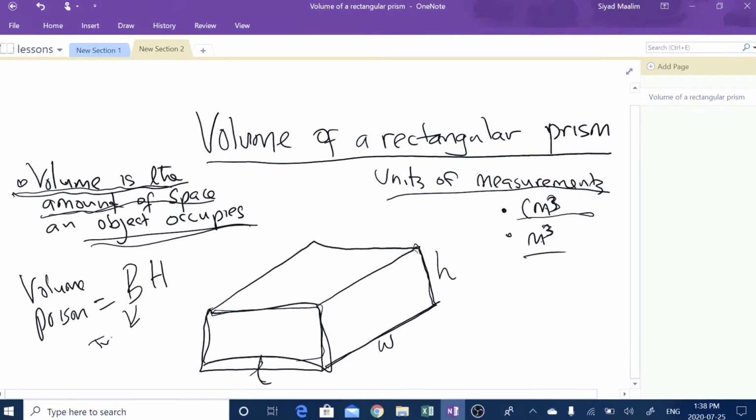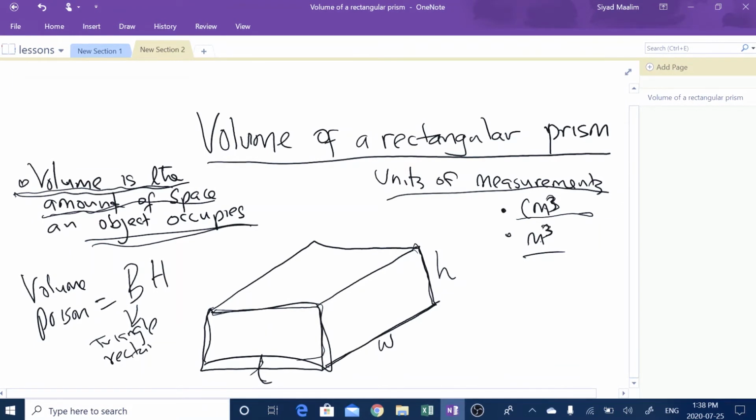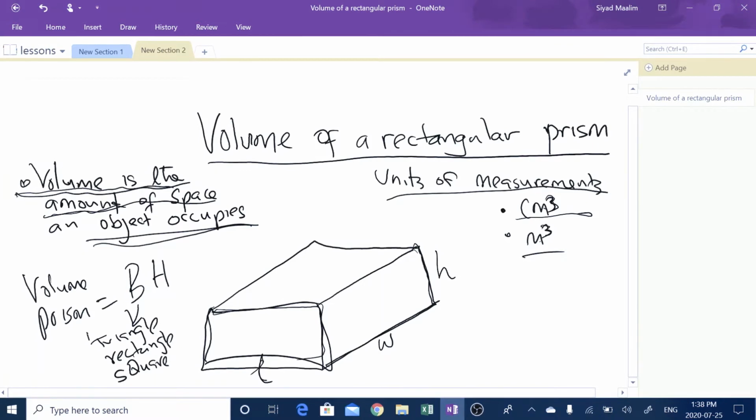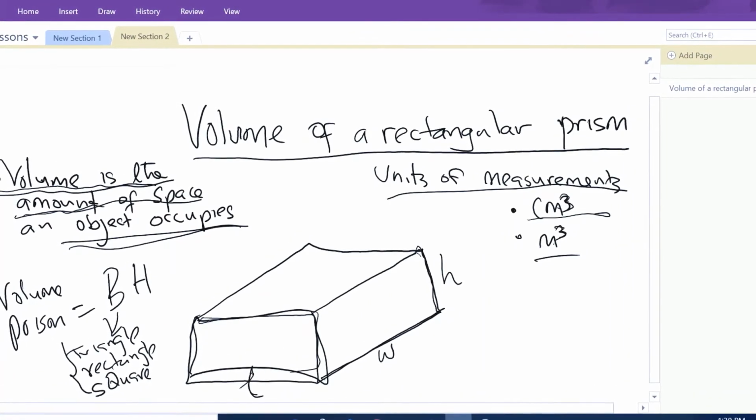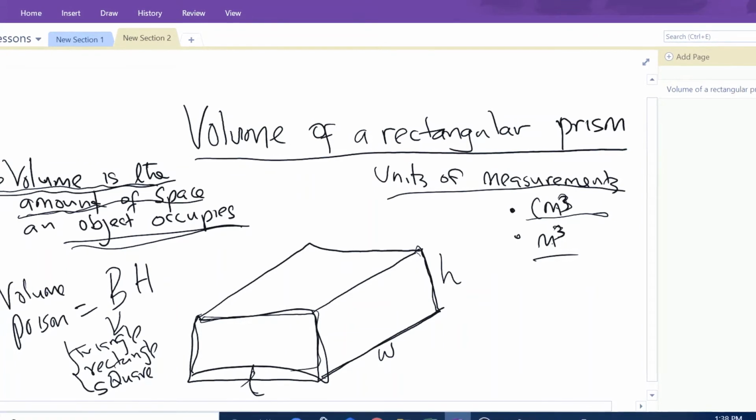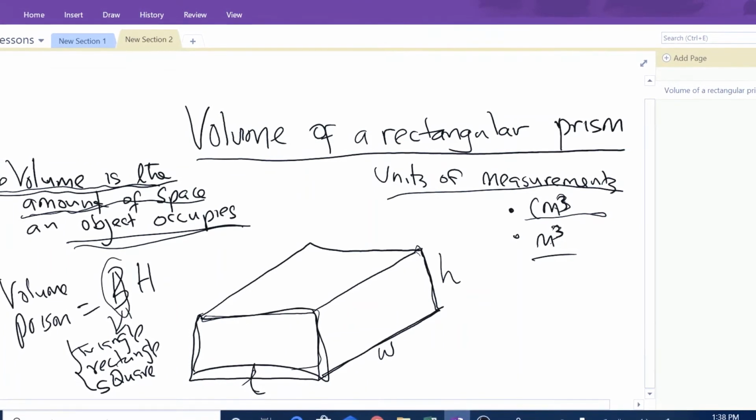It can be a triangle, it can be a rectangle, it can be a square, so it can be any shape. Based on that, the formula for the volume of a prism based on the base area can differ.